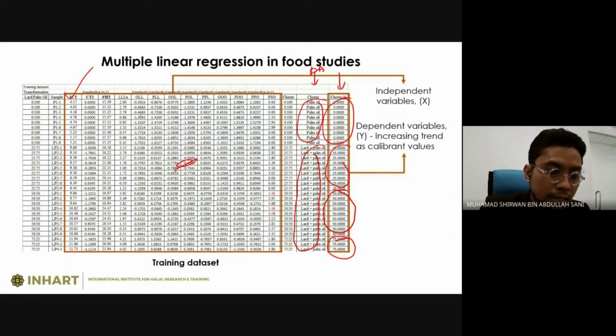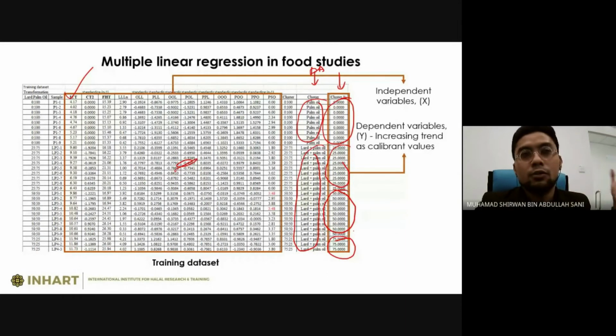Again, this is under TAG, triacylglycerol, as an example. These dependent variables show an increasing trend as a calibrant value. So you rearrange your samples starting from the lowest contaminant up to the high concentration of contaminant. So you can see here 75% of contaminant lah.